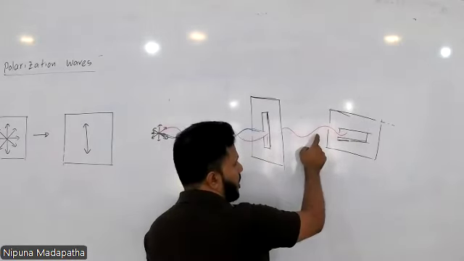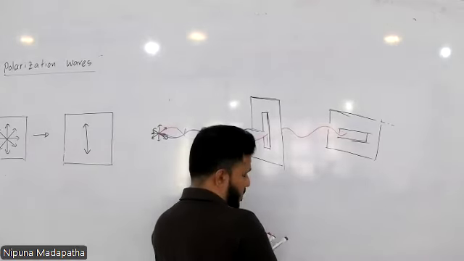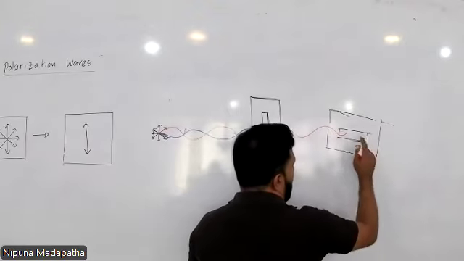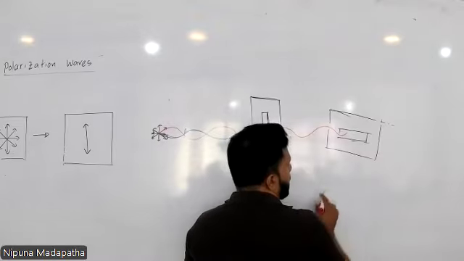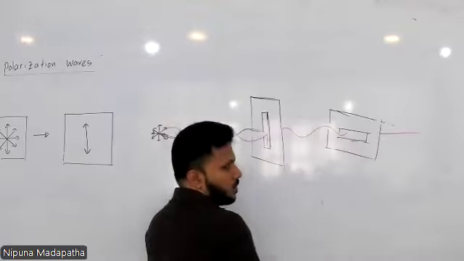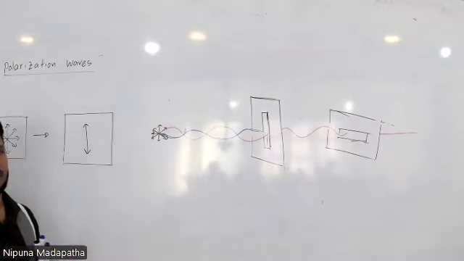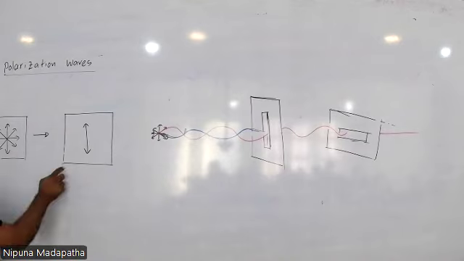If this end of the string is passing through the horizontal slit, after you pass this slit, there's no vibration going further, right? So it is totally polarized. Right? So this is the process we call polarization.